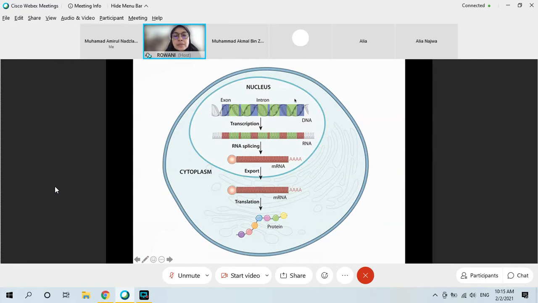Just a revision: your DNA is transcribed into RNA, and then exported to your endoplasmic reticulum, where it is processed subsequently into protein at the Golgi apparatus.